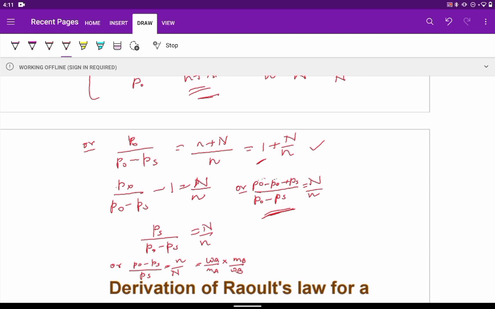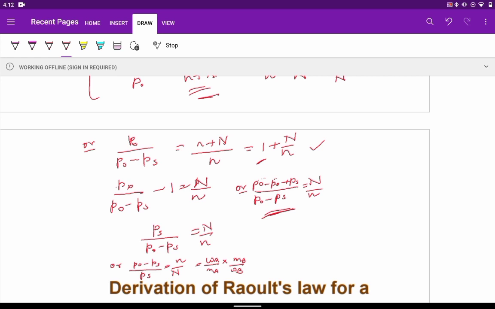PO and minus PO get cancelled. So PS by PO minus PS is equal to capital N by small n. Now again we take the reciprocal, so PS by PO minus PS, we just reverse it, it becomes PO minus PS by PS is equal to small n by capital N.